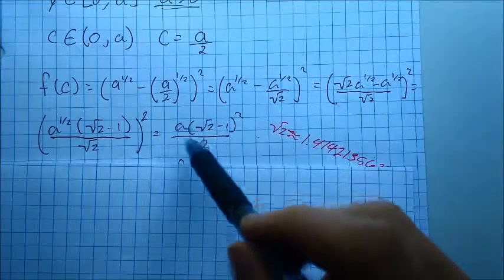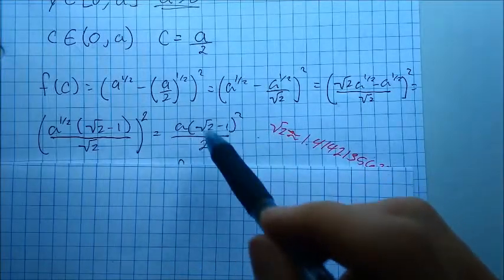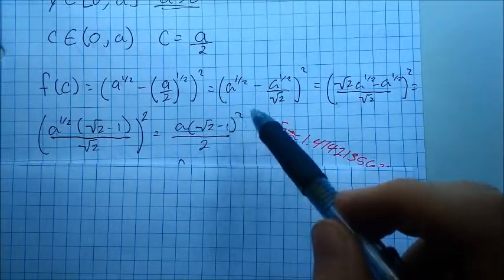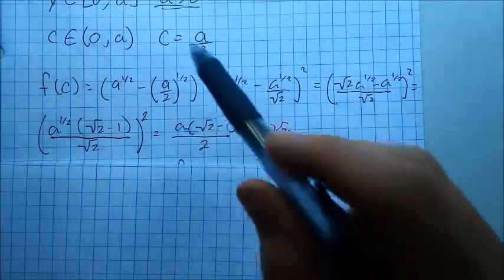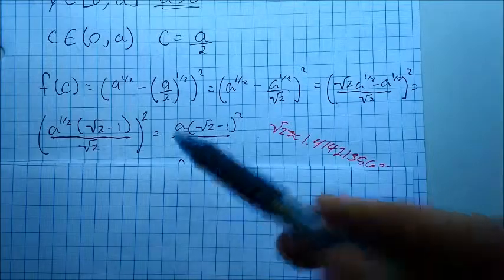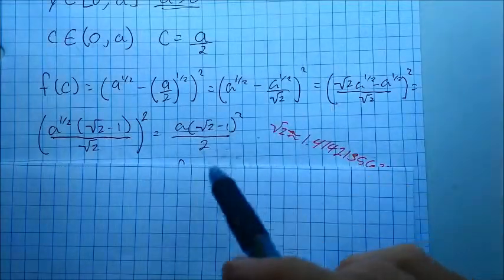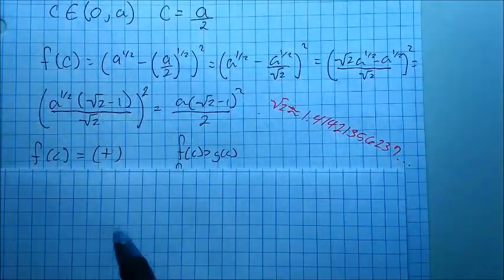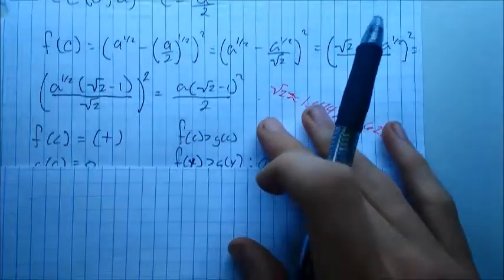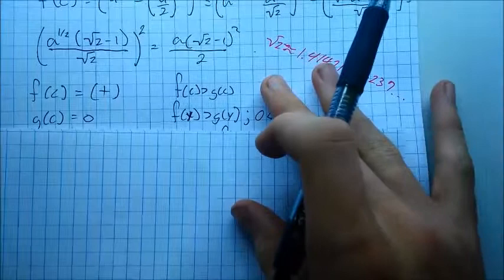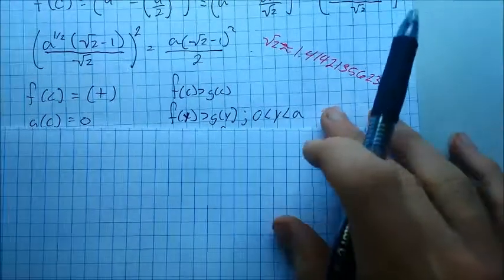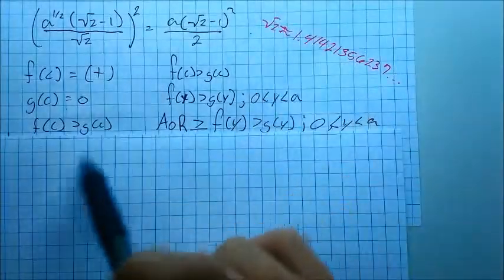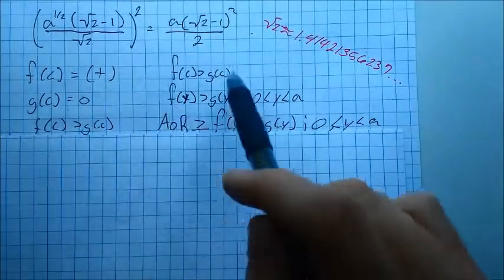But because it's being squared, this expression will always be positive. This a we defined as positive, and 2 is positive by definition. And so f of c cannot help but be a positive number, and that's all we really need to know, because like last time, our g of c is just equal to 0, and any positive number is greater than 0. So we can say that f of c is greater than g of c, like up here.